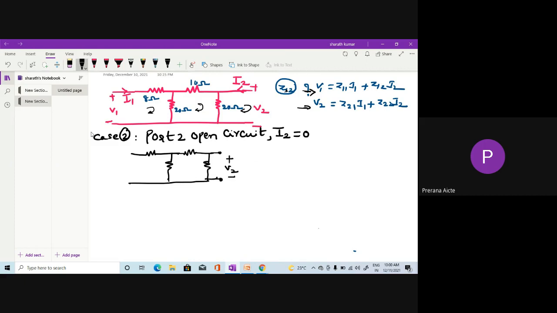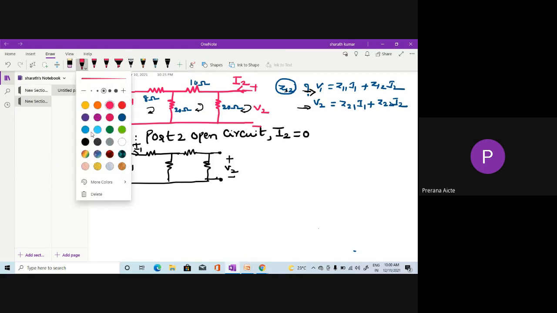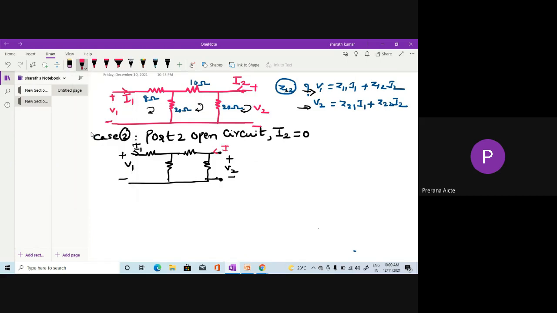Because in open circuit, voltage is available here. V1 plus, minus. We have current I1 in port 1, but what is going to be 0 here is the port 2 current, I2 is equal to 0. The resistors are 8 here, 20 here, 10 here, 20 here. From this port 2 open, you will get two parameters, Z11 and Z21.